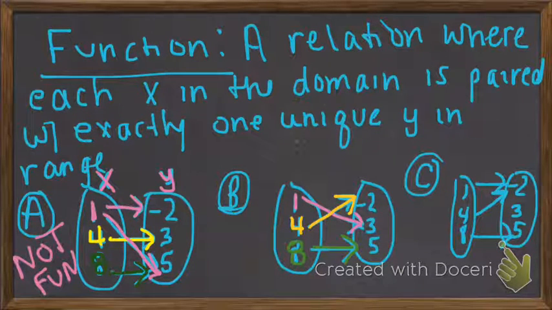So every single x is only paired with one y. So this one is a function. All right, let's look at C. C is kind of interesting. So pause the video and decide what you think about it, whether or not it's a function.